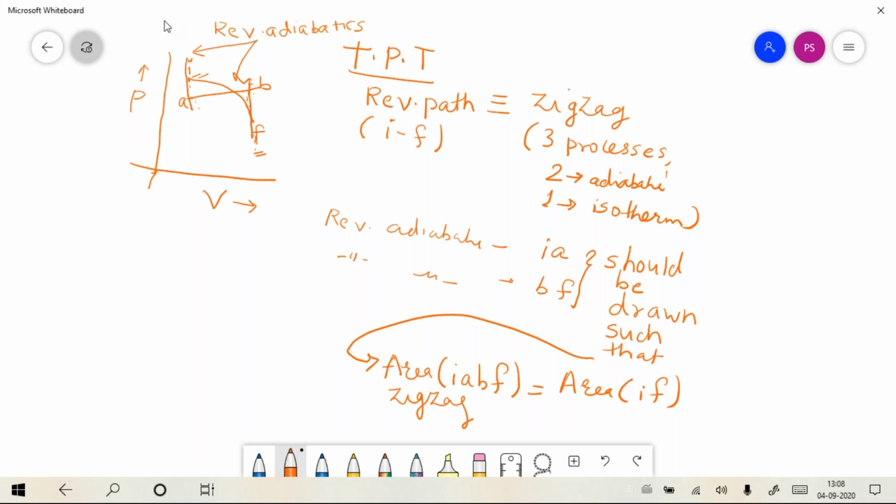You can think of one diagram on a pressure-volume plot, where you can draw it in a manner such that you keep the area under I2F equal to the area under IABF. It's a matter of construction. I have not drawn it proportionately, but you can draw it in your notebooks and make sure that the area under IABF is equal to the area under I2F.